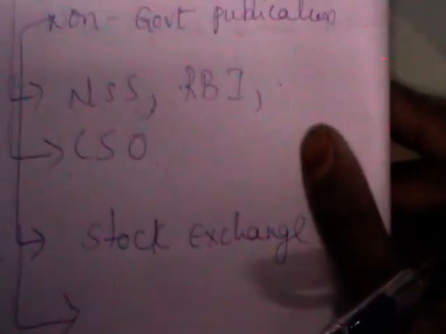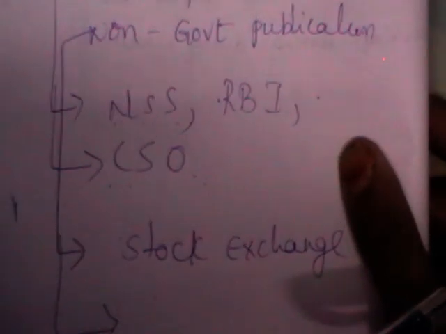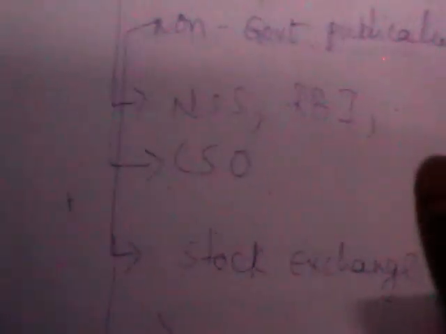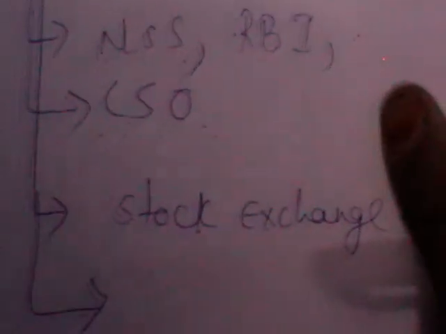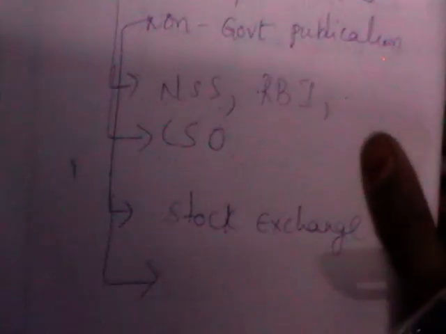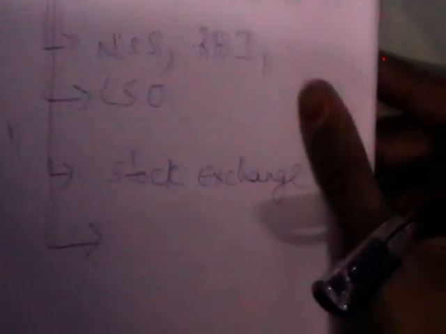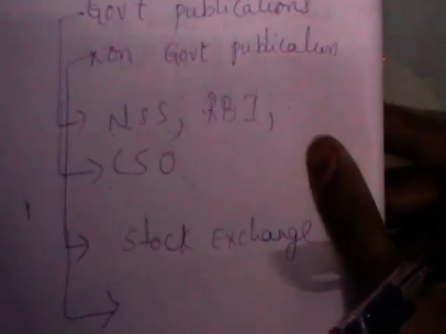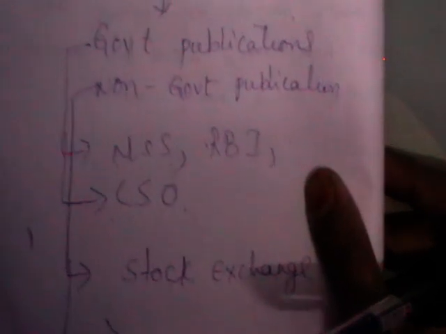Now what are the advantages and disadvantages of secondary data? As the data is already collected and used, it reduces a lot of time and money, and as it is already available, you can readily use the data.